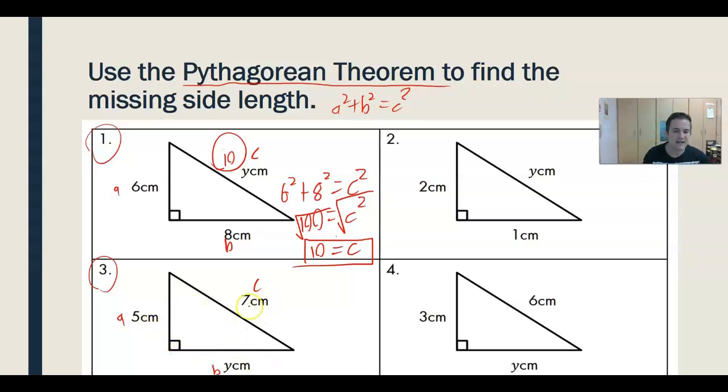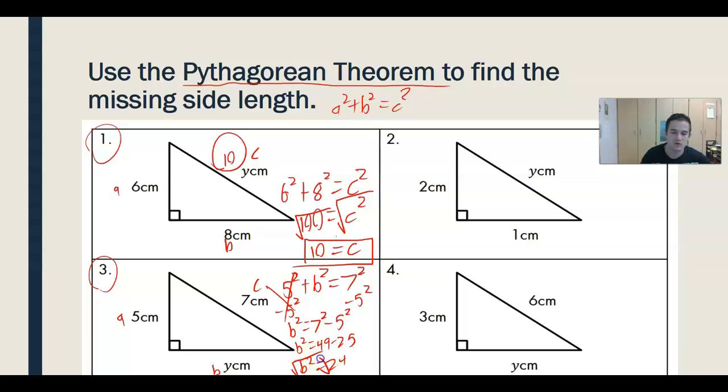If it's one of the legs I don't know, so here I have a squared plus b squared, I don't know this side over here, equals c squared. So I have to rearrange this equation a little bit before I can solve for b. So I'm going to go ahead and subtract 5 squared on both sides. So b squared is equal to 7 squared minus 5 squared. Well, that's 49 minus 25. 49 minus 25 is 24, so b squared is equal to 24.